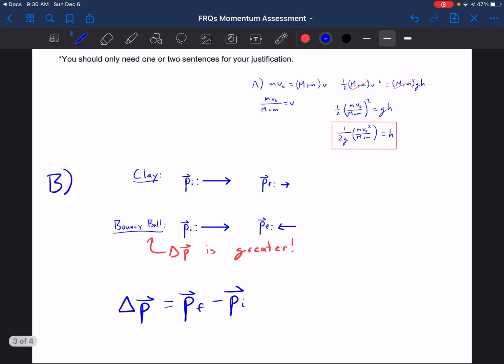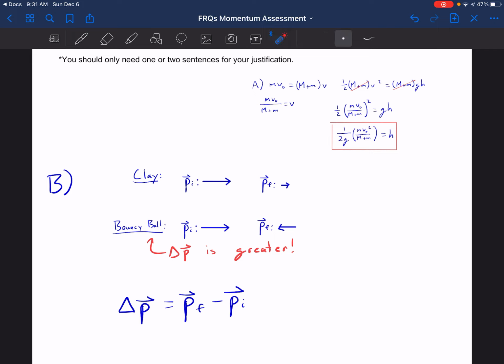So in the case of the clay, PF is a small positive number, and PI is like a big positive number. But in the case of the ball, PF is a negative number because it bounces back the other way. And that means that the difference will have a greater absolute value if this is a negative number. So you could try plugging in some stuff like that just to kind of get it through in your brain, but that's another way of thinking about this.